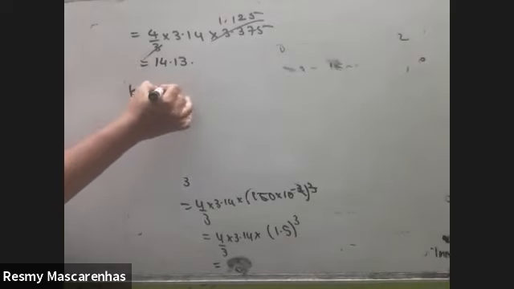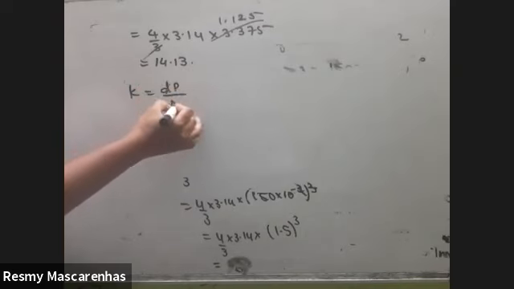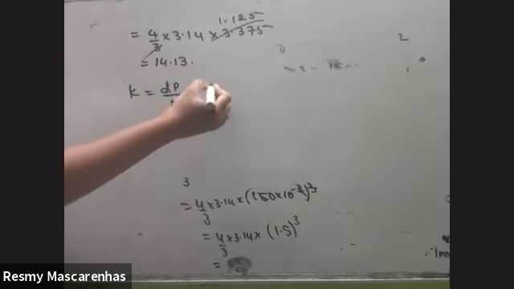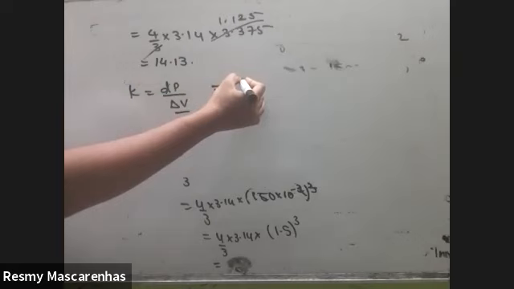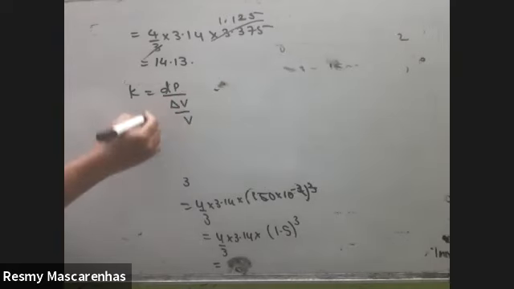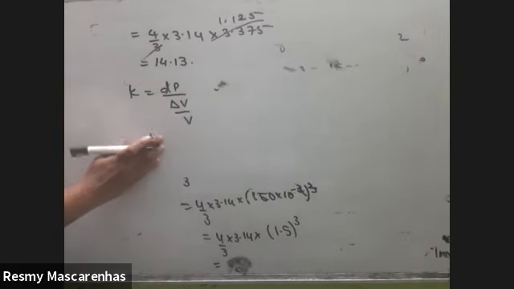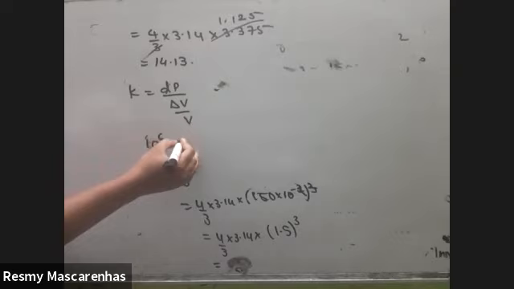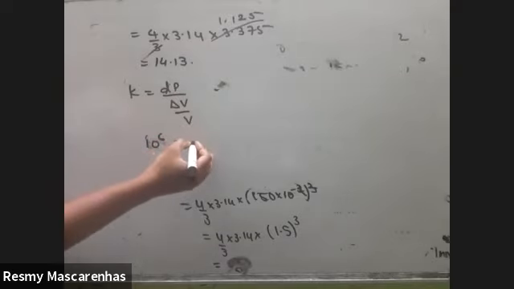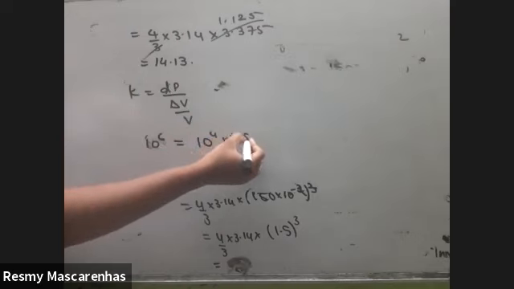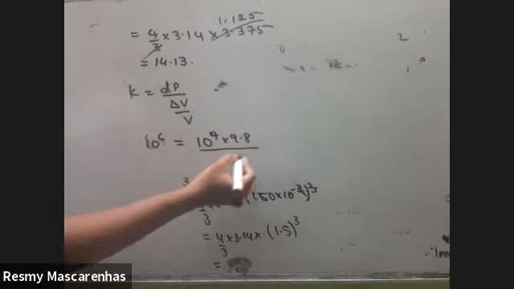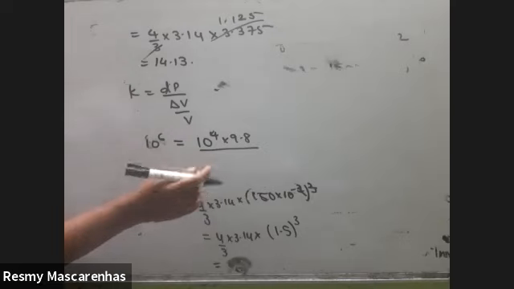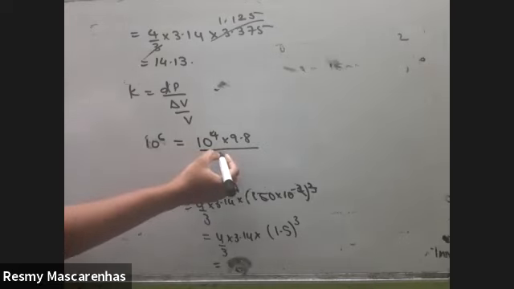Now k will be given, so straight away substitute. How much has been given? 10 raised to 6. Pressure is 9.8. Delta V we have to calculate.